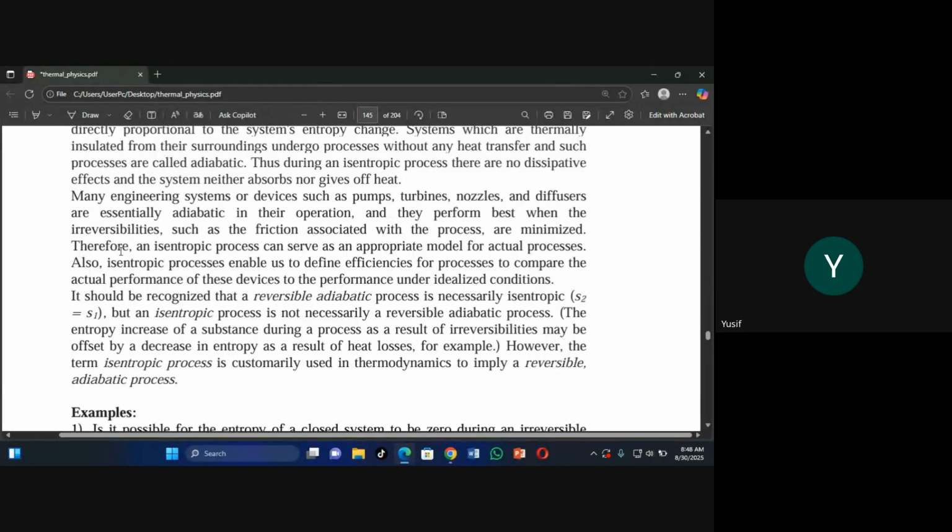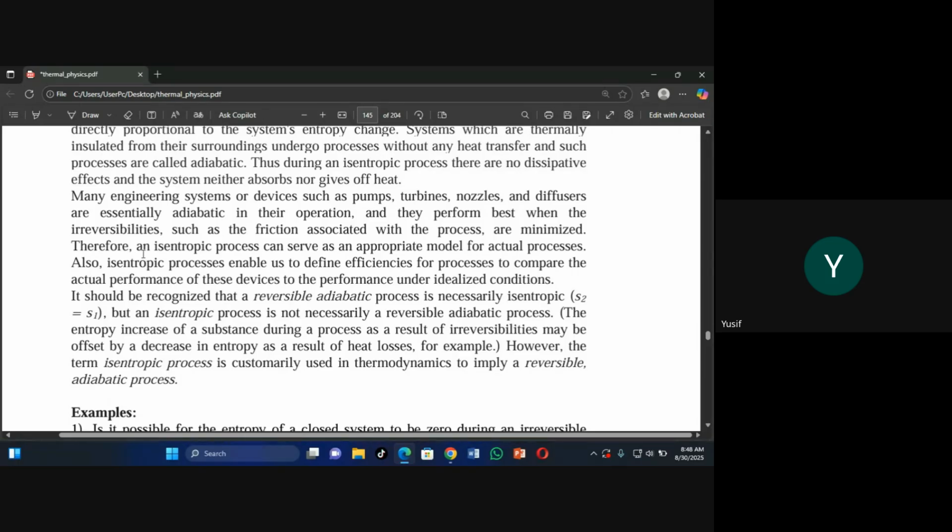And they perform best when the irreversibilities, such as the friction associated with the process, are minimized. So when you minimize the friction, it reduces the possibility of irreversibilities happening.